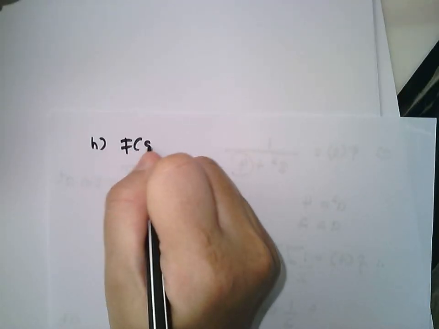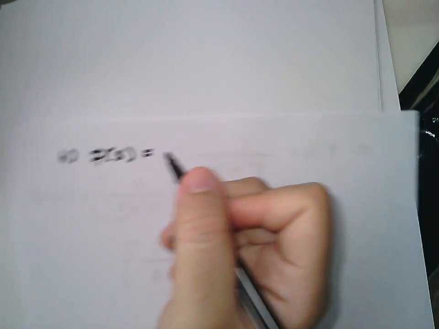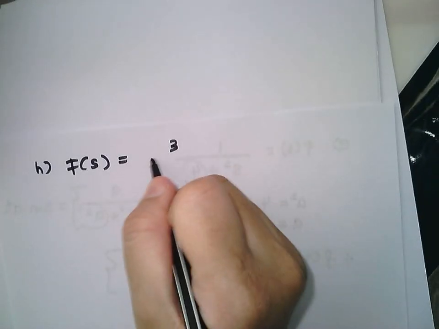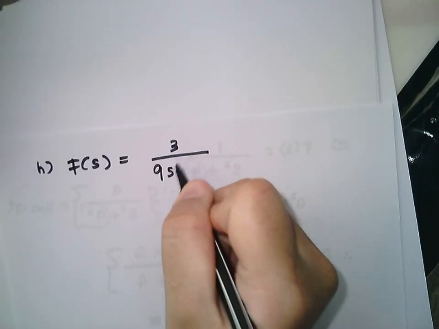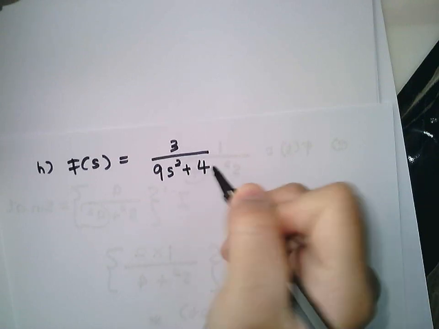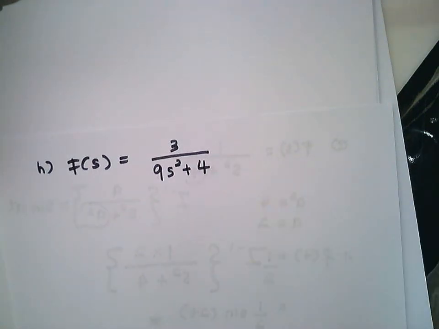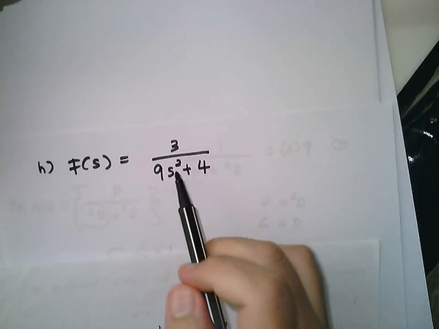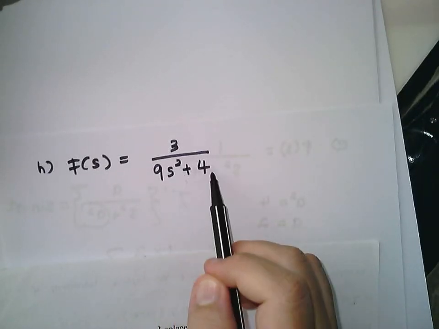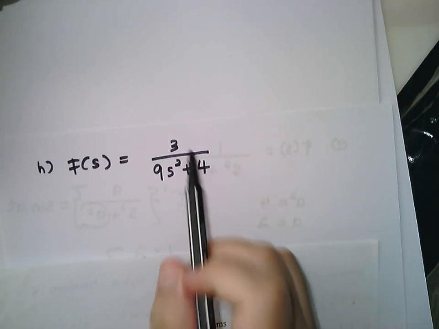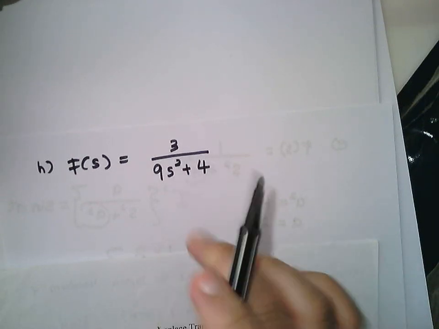Okay, so next one, let's say you have your F(s) is equal to 3 over 9s squared plus 4. So here you have s squared plus a constant, and the numerator is a constant.